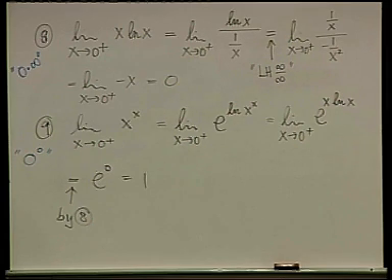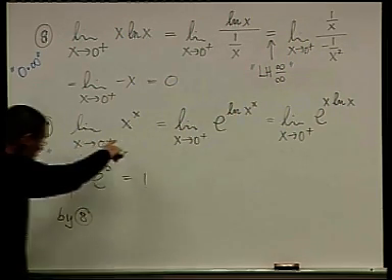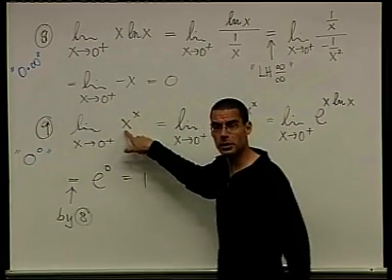Any simple exponential function always passes at 0 through 1. Any simple exponential function? Yeah, like 2 to the x, 3 to the x, 4 to the x, 5 to the x always passes through 1. Yeah, but this is not the situation here. No, but it's an exponential function. No. This is also a polynomial function.